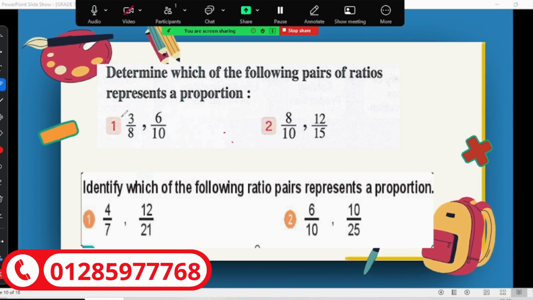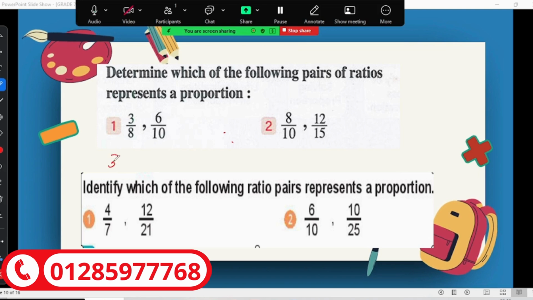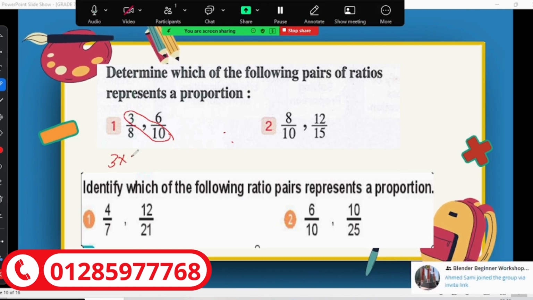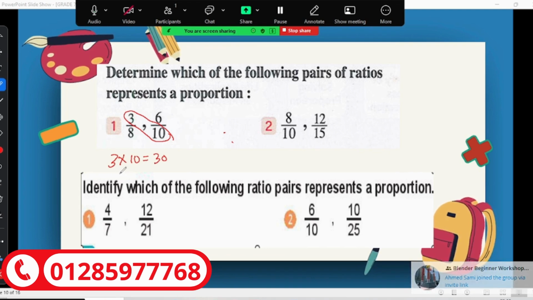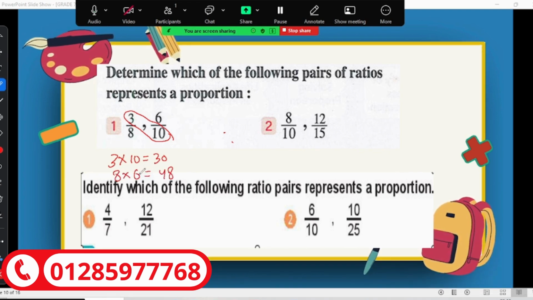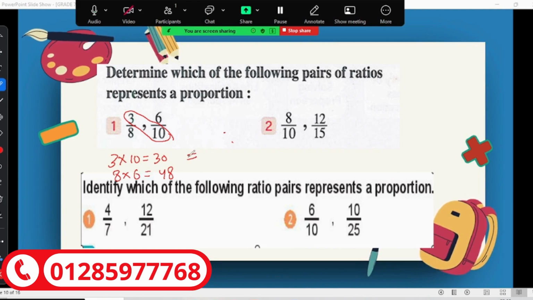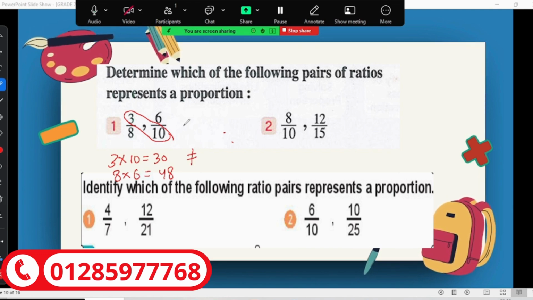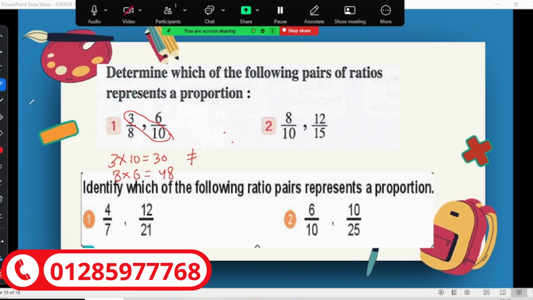At first, we can multiply 3 and 10, the extremes, which equals 30. And multiplying the means, 8 times 6, equals 48. Then they aren't equal, so they aren't a proportion. Okay?